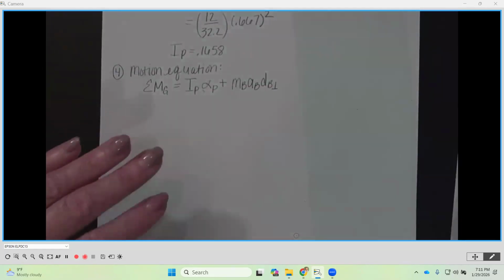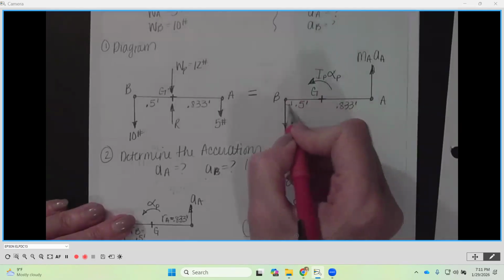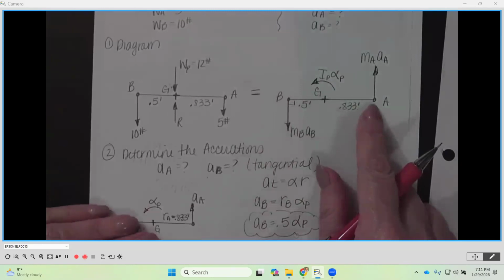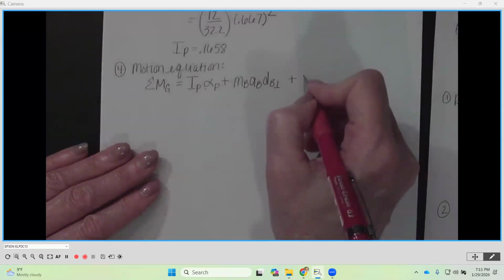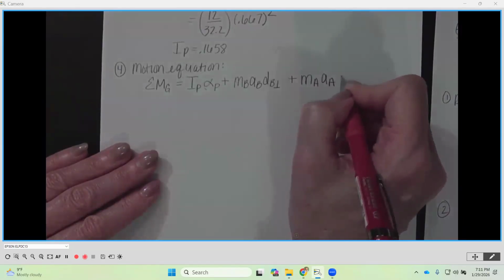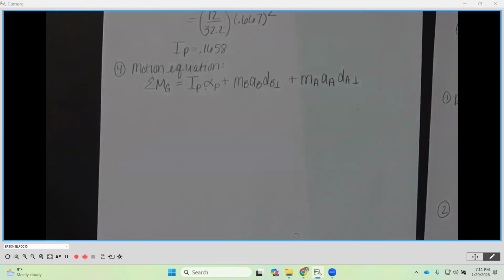And that distance is going to be the radius, because it's perpendicular back. And then we're going to do the same thing for our A. So this is going to be plus mass A, acceleration A, times distance A perpendicular. Questions so far?